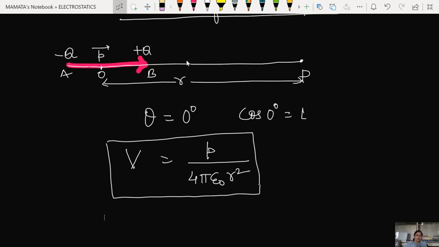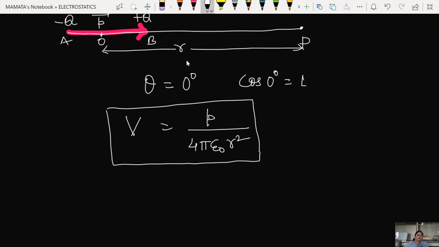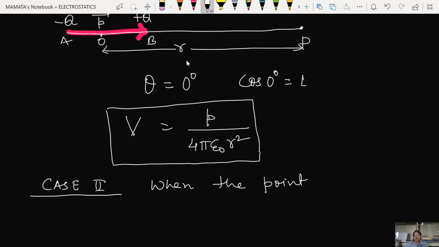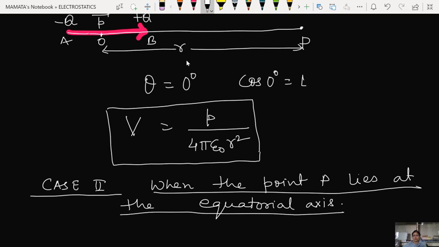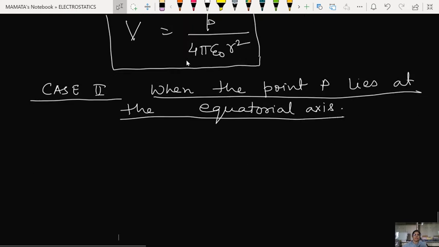Second case: when the point P lies on the equatorial axis. Again we draw a diagram.